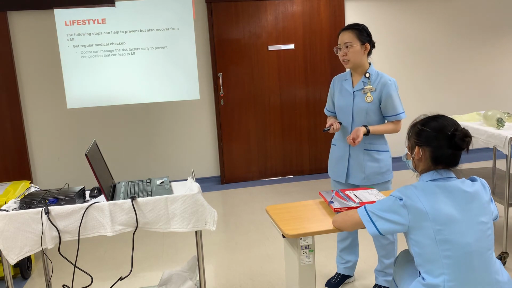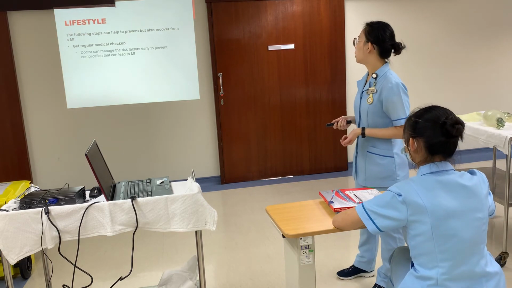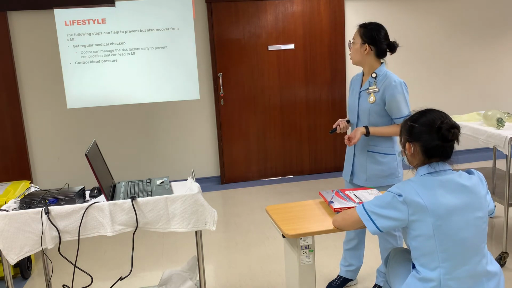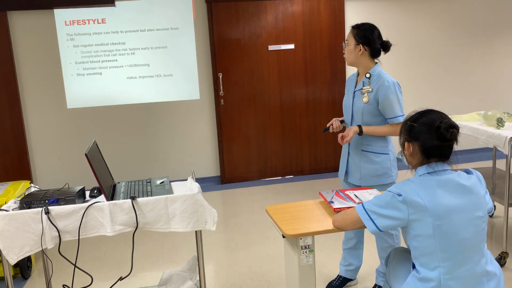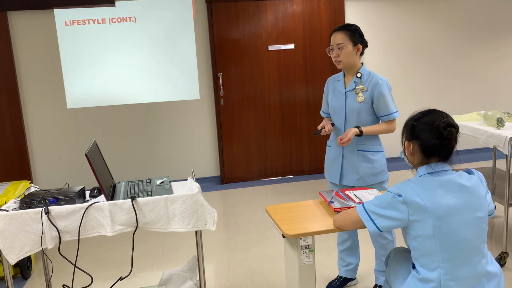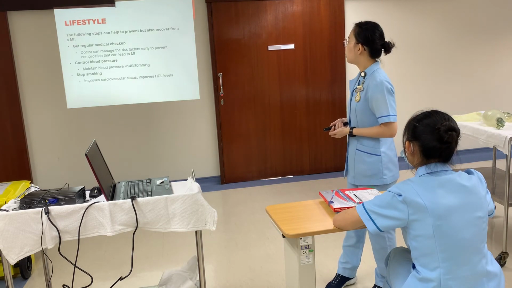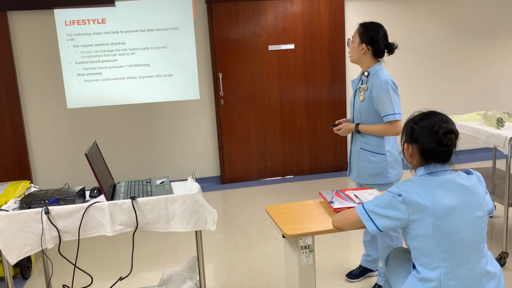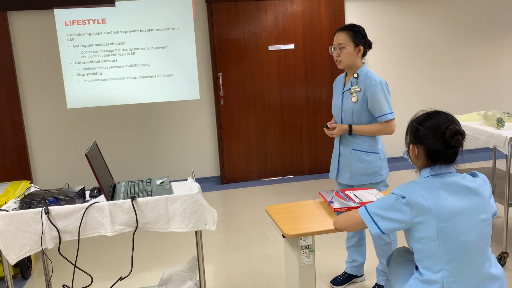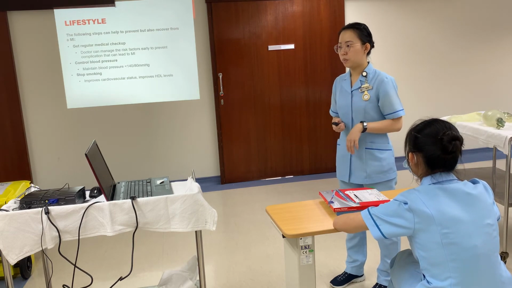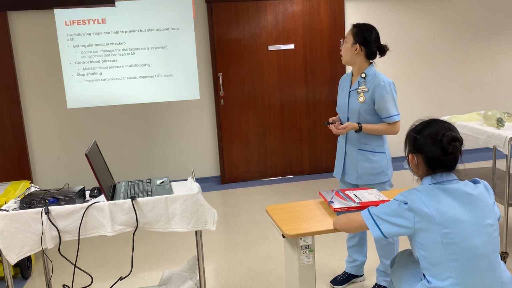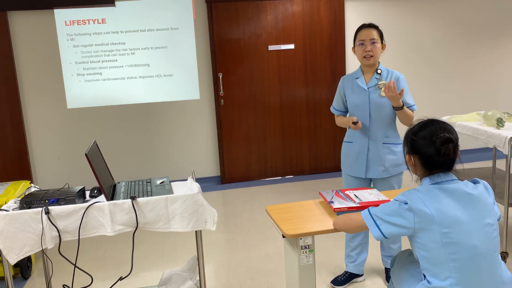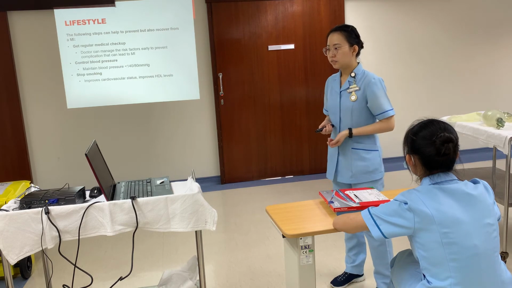So the following steps can help to prevent MI, but also can help the patient recover from MI. They need to make some changes in their lifestyle. We would advise the patient to do regular medical checkups so that the doctor can manage risk factors early to prevent complications that can lead to MI, such as hypertension, high cholesterol, and diabetes.